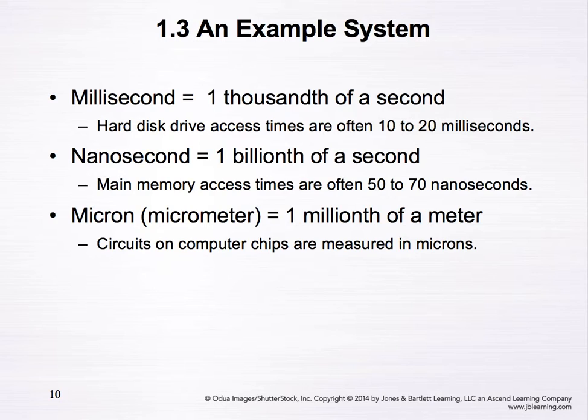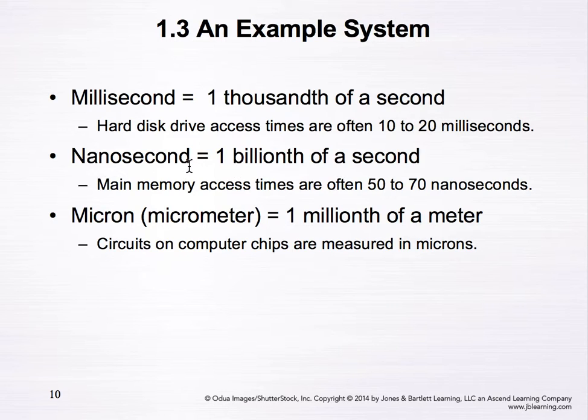Now, what are the conversions between the different units? For example, 1 millisecond is a 1,000th of a second, which means 10 power negative 3 seconds. The hard disk of a computer system has an access time on the order of 10 to 20 milliseconds.